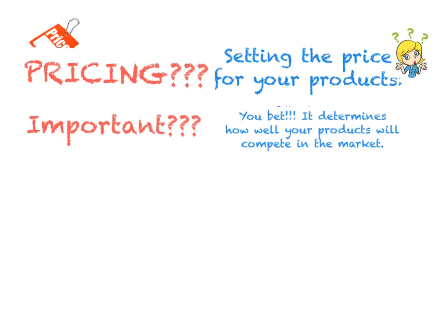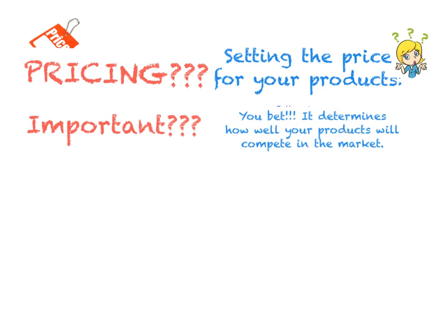So why can't we just follow the market price? Why can't we just look at our competitors' products and follow their price? Of course you can do that, but it is very risky because you do not know the cost to produce your product.